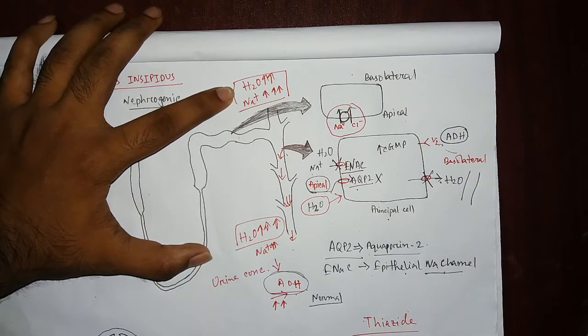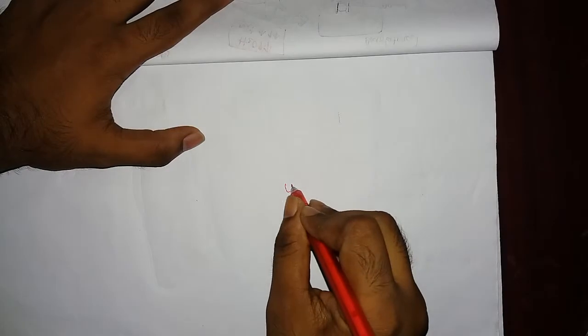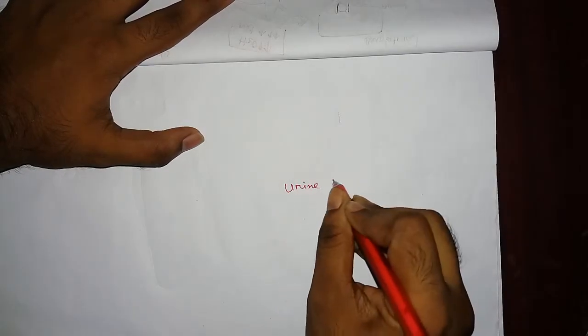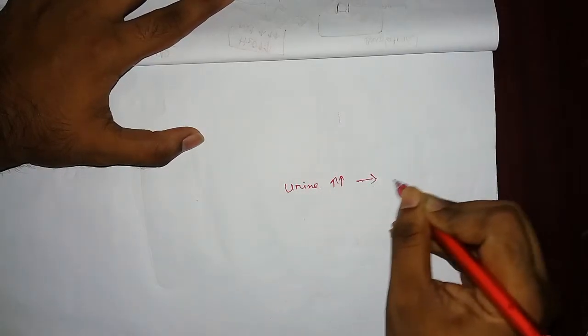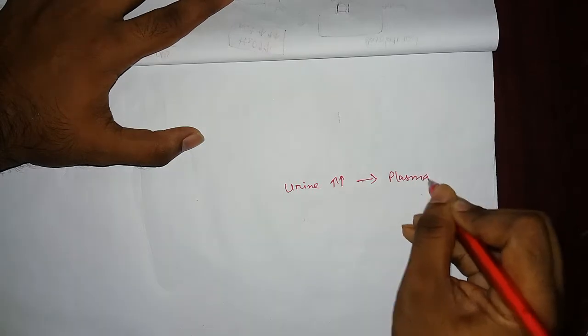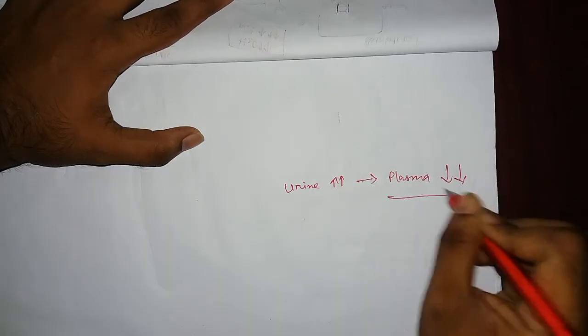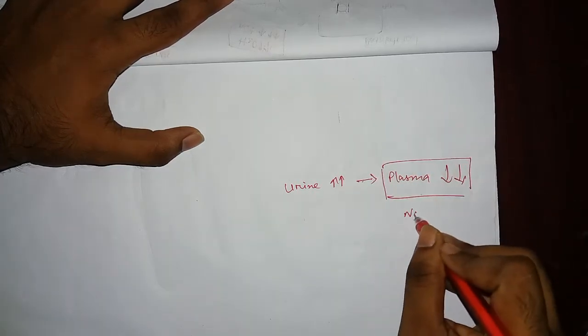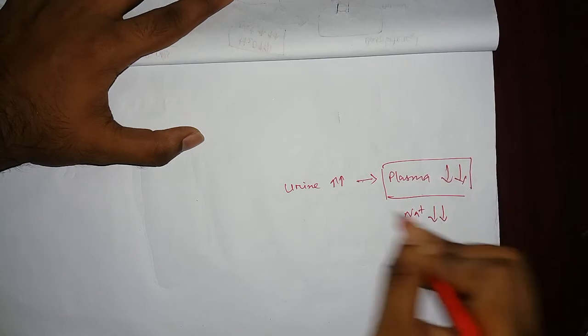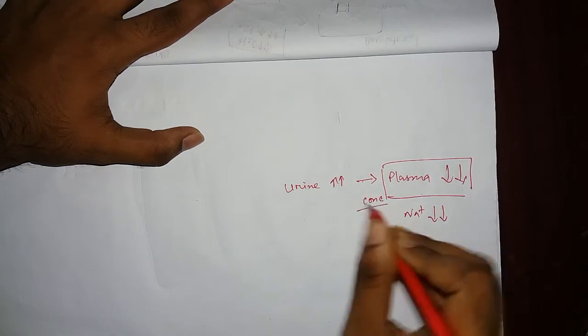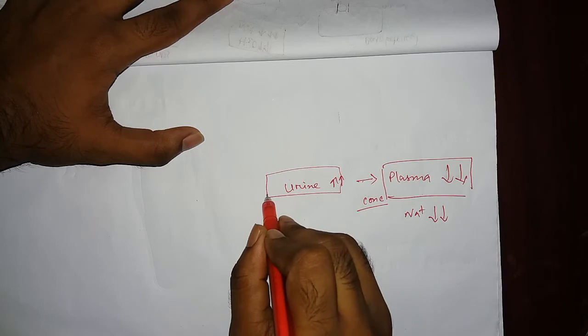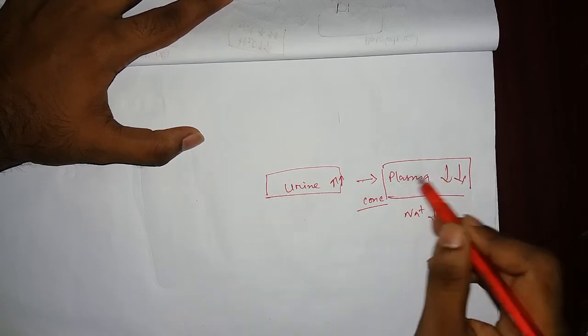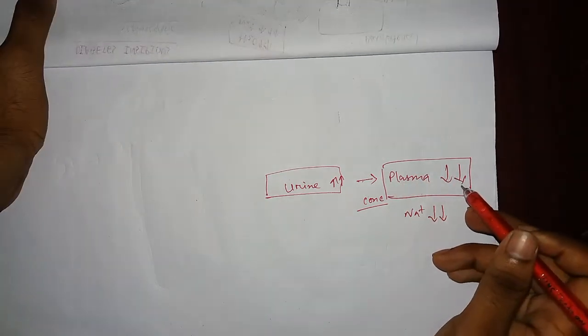As a result, when his urine concentration is high, his plasma concentration is low, and there is also decreased plasma sodium concentration. So his urine concentration becomes higher than before, and his plasma concentration decreases from before.